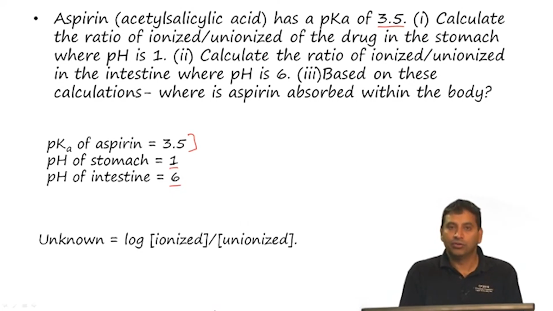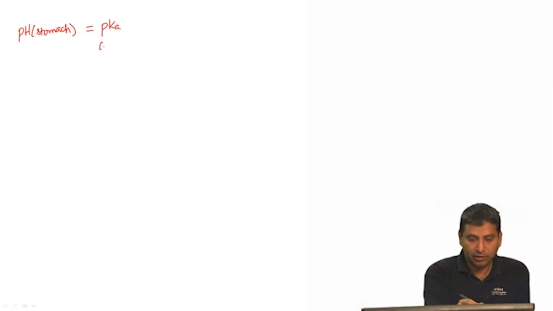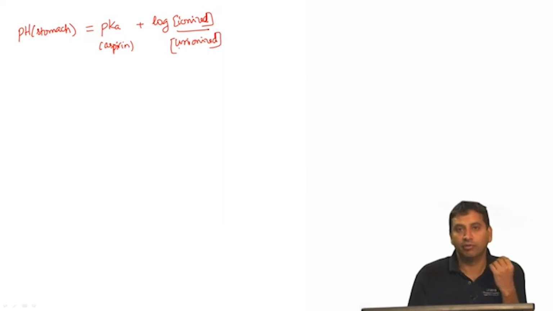In order to solve this problem, let us look at the Henderson-Hasselbalch equation, which is basically: pH of stomach, to begin with, equals pKa of aspirin plus log of ionized divided by unionized. Okay. So, this would be the first equation that we would want to write.